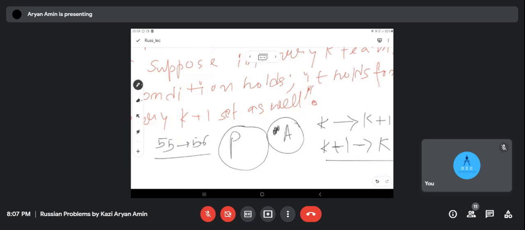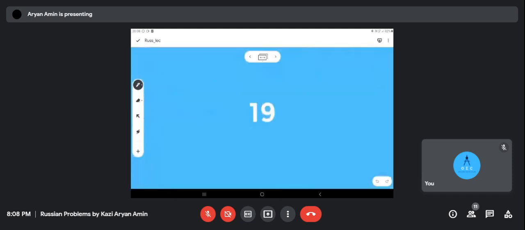Let P denote the set of all players. Look at the set P minus A, a set of 55 players. You know that there is some guy here, named B, who has lost against at most four teams in here. I'll just go to the next page for more clarity.